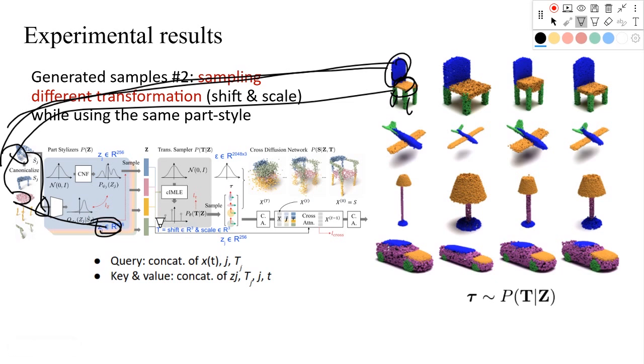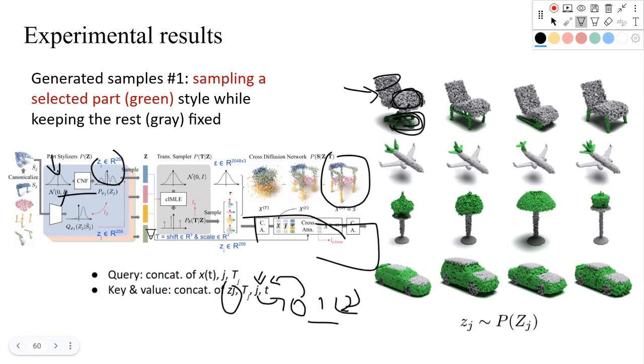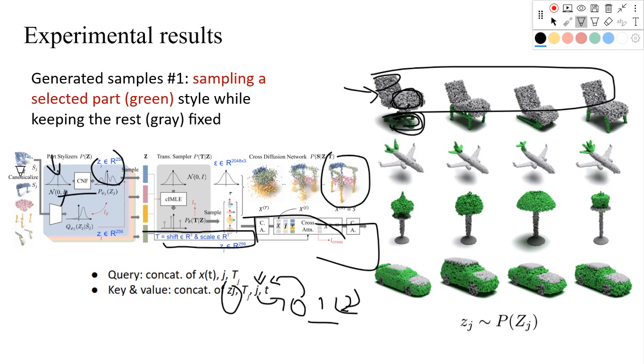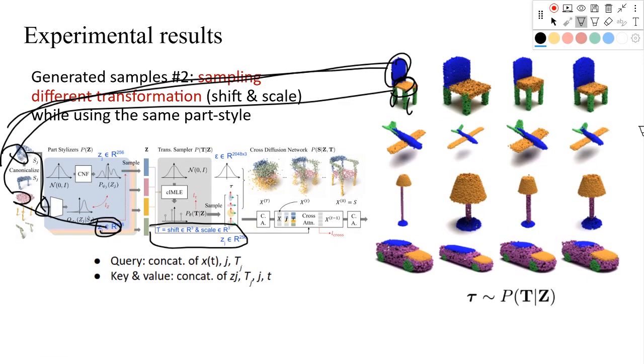But instead of using the ground truth of the transformations, like in the previous one, where we use the ground truth shift and scale corresponding to the canonicalization, we will sample new transformations by sampling this Gaussian noise here.